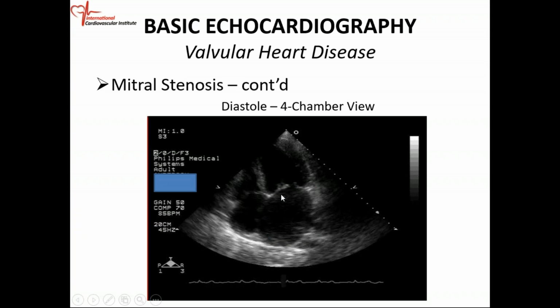And this is a diastolic frame, so the mitral valve should be fully open, and you can see that there is restriction to the opening. The archistic configuration, that's what you're going to see in your parasternal long axis view. And when we talk about the subvalvular apparatus, you concentrate on the chordae tendineae, which anchor the leaflet of the mitral valve to the papillary muscles.